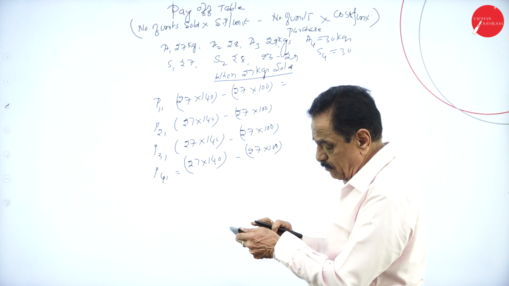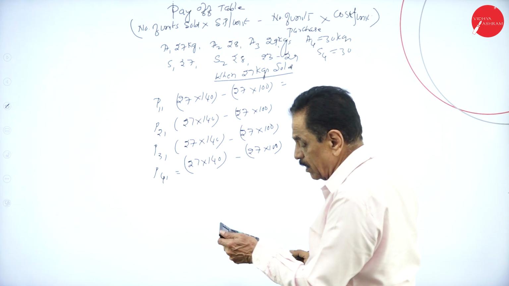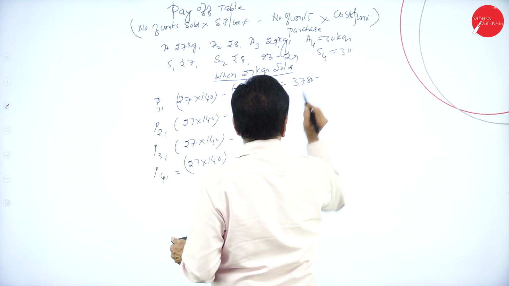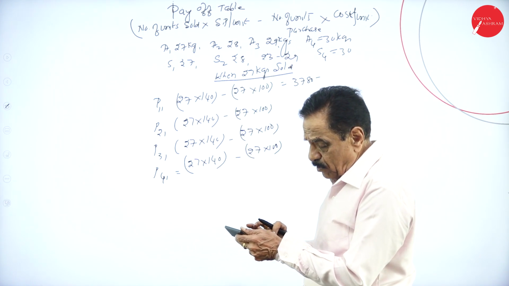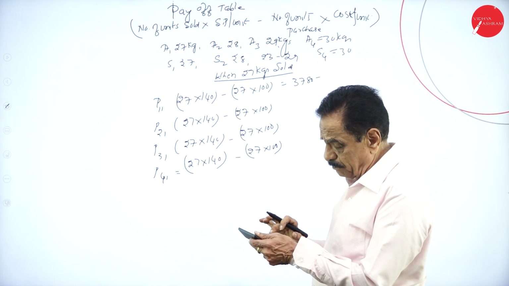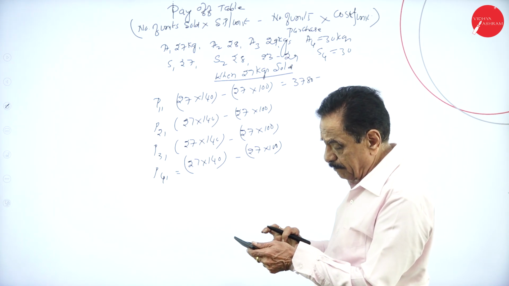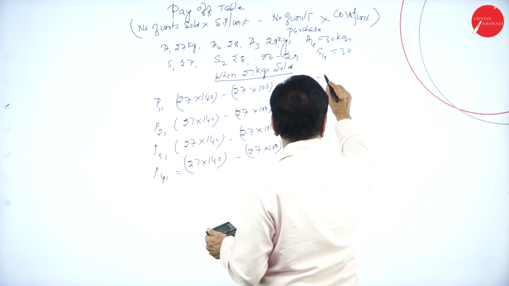27 into 140 is 3780, minus 27 into 100, which is 2700.